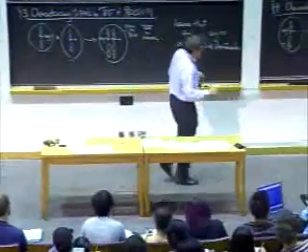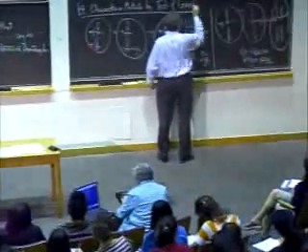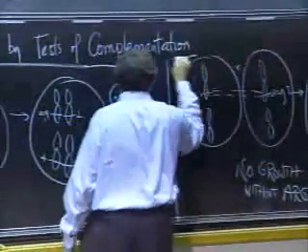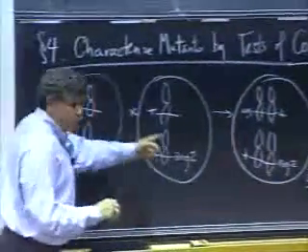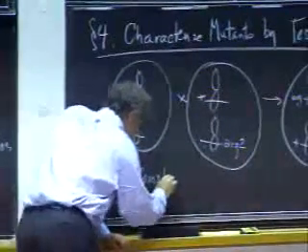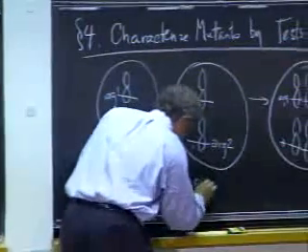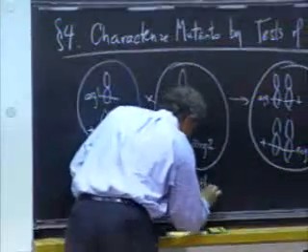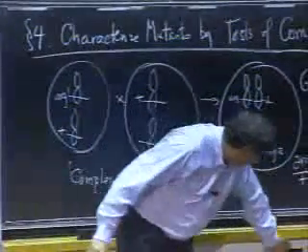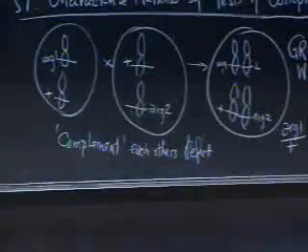This is called a test of complementation, because these two genes are able to complement each other's defect. If two mutations complement each other's defect, then they are in different genes.